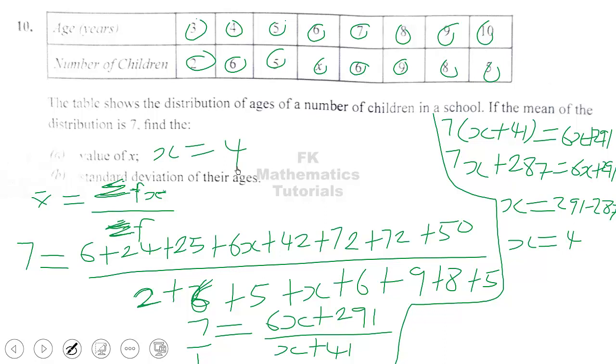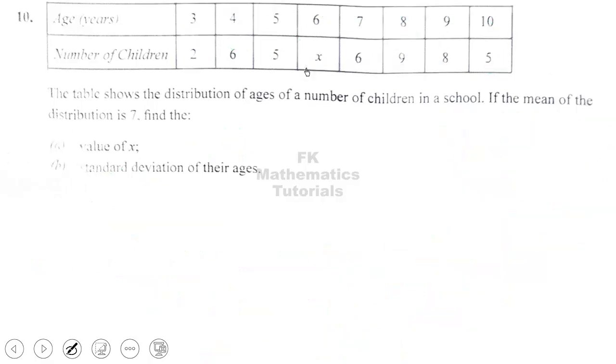We have to find the standard deviation of their ages. So substitute the 4 here. So the x now is equal to 4. So this is the table we have, and we want to find the standard deviation.